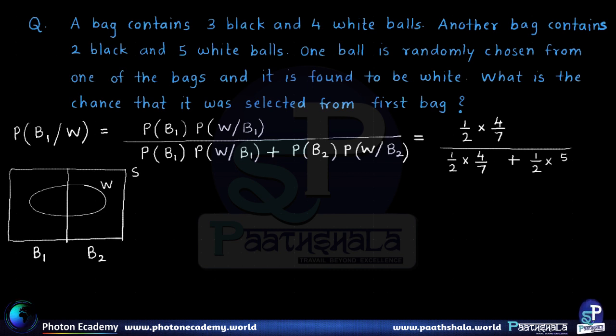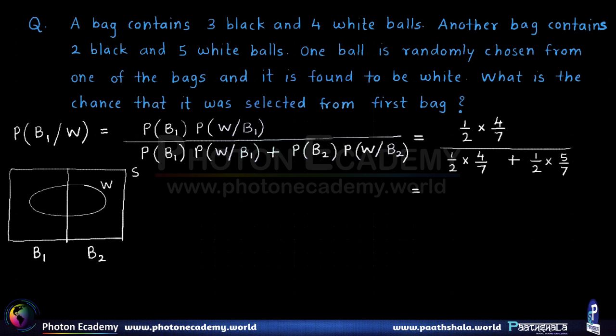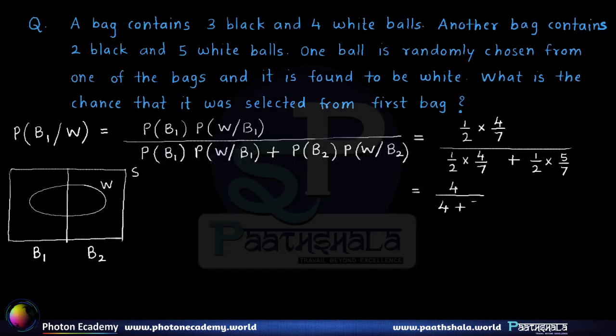So its probability is 5 by 7. Now we observe that the denominators of all the terms are the same, which is 14. So we can multiply numerator and denominator by 14 and we get the terms as 4 upon 4 plus 5. So that finally is 4 upon 9.